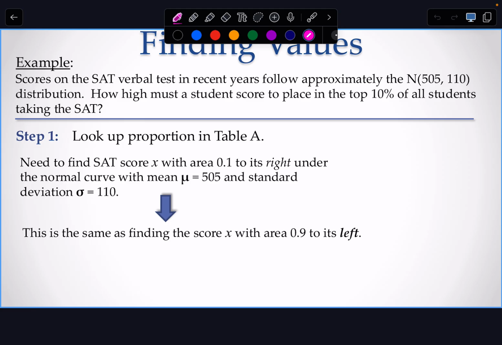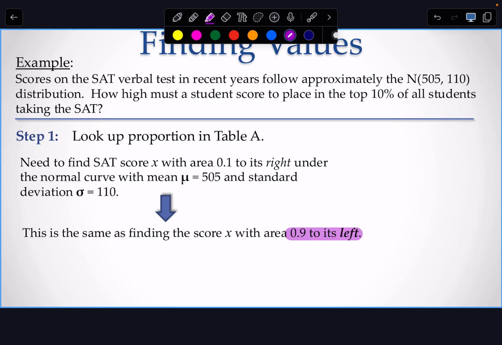So that's why in this statement down below here, we're saying that if I'm doing top 10%, I need to be thinking about 90% to the left of the cutoff point I'm interested in. So the standardized value that I want needs to have 90% to the left because that's the argument that the table can take.